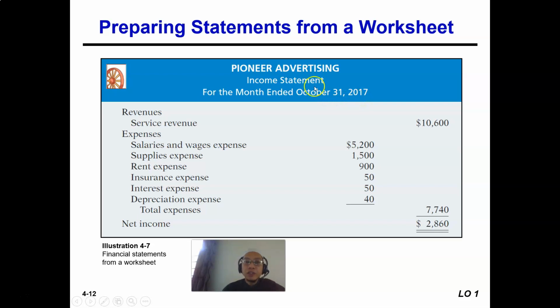If this is a quarterly, 3-month statement, then we should say income statement for the quarter ended October 31st, 2017. But in this case, it's a monthly statement.